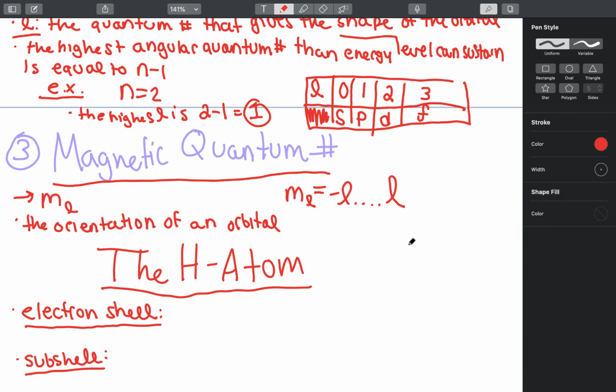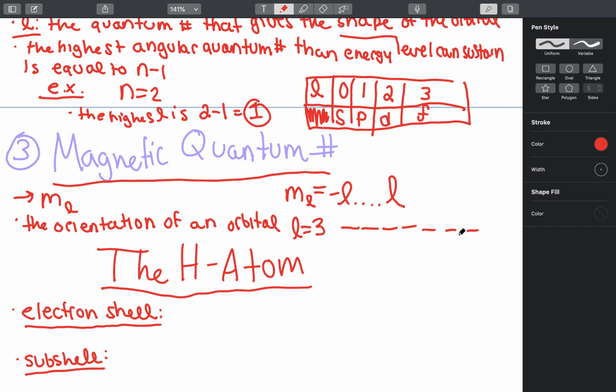So for example, if I had a value of L equal to 3, how would I draw this? Well, I would draw this like this. So if 3 is equal to F, that would correspond to 7 different orbitals. So 1, 2, 3, 4, 5, 6, 7.